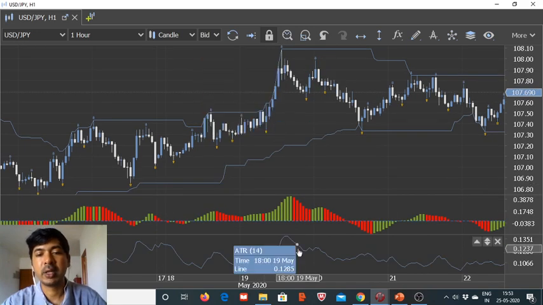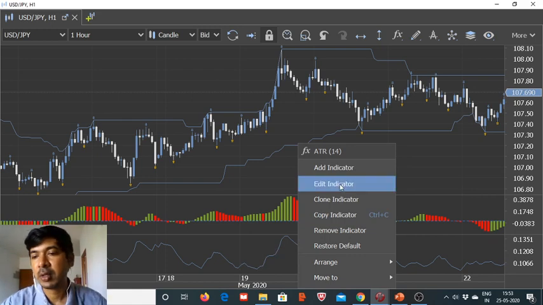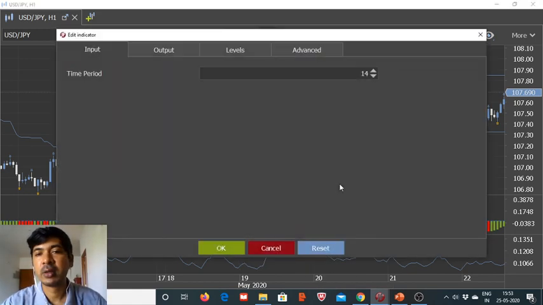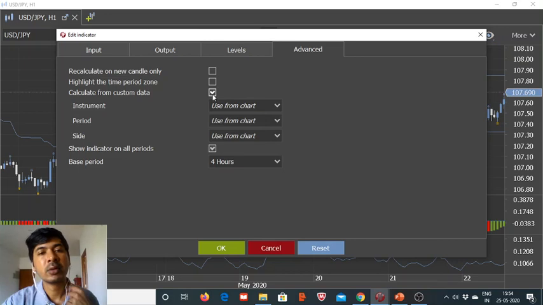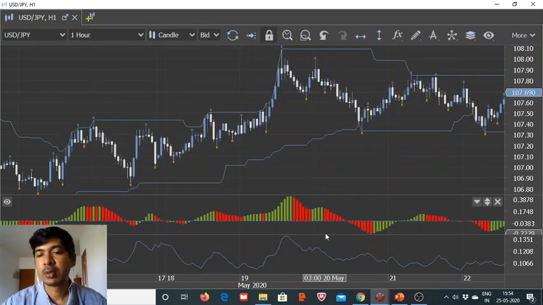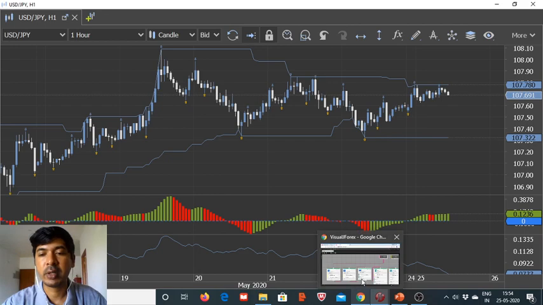Okay, we got the ATR and it is 14, and let me see if it is defined. Base period is 4 hours. Use from chart. Okay, so we will be utilizing this value on the daily time frame. With that, now let us see what we have done so far.